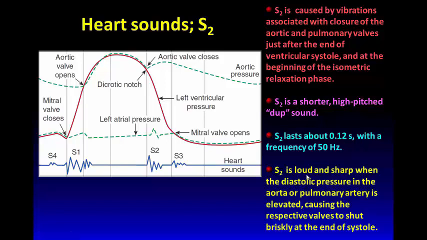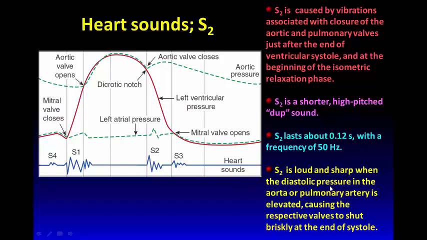In subjects who have systemic arterial hypertension or pulmonary arterial hypertension, where the diastolic arterial pressure in the aorta or the diastolic pulmonary pressure is elevated, S2 becomes louder and sharper than normal.